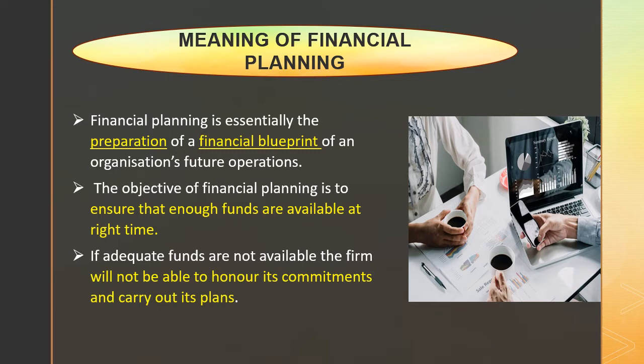Okay, now what is the meaning of financial planning? It is preparation of a financial blueprint. Now let's come back to the example. Let's say you are earning a salary of let's say 50,000. This 50,000, every month you're going to have a diary and you are going to start writing how you are going to spend this 50,000. Are you going to open a savings deposit?